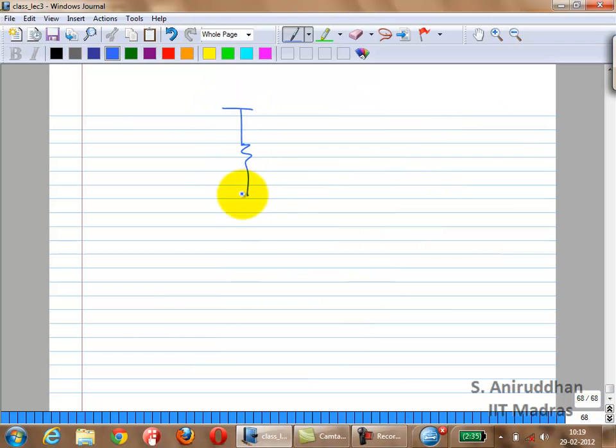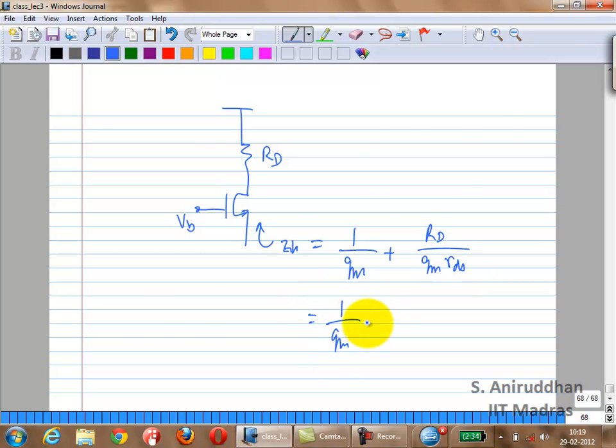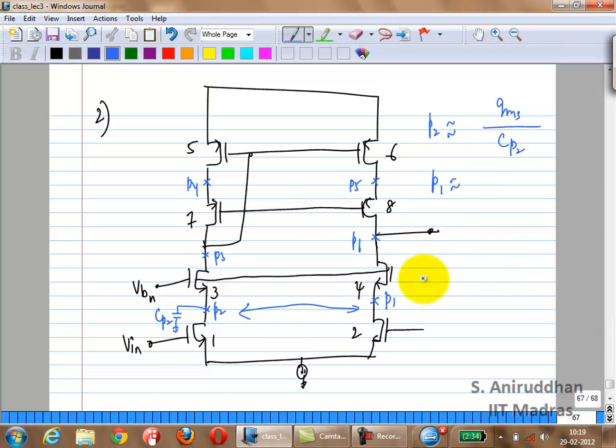So if I have a common gate, plus RD by... okay. So in this case, what is it? I'm going to call this Z1.